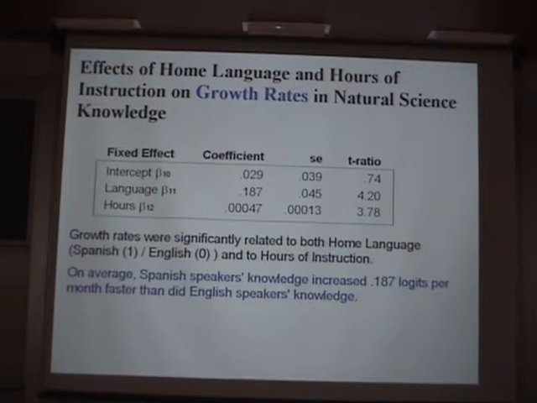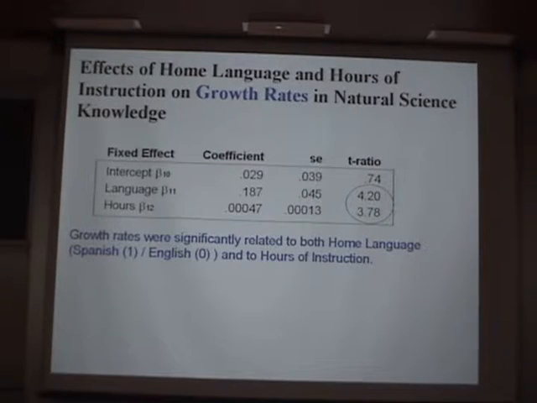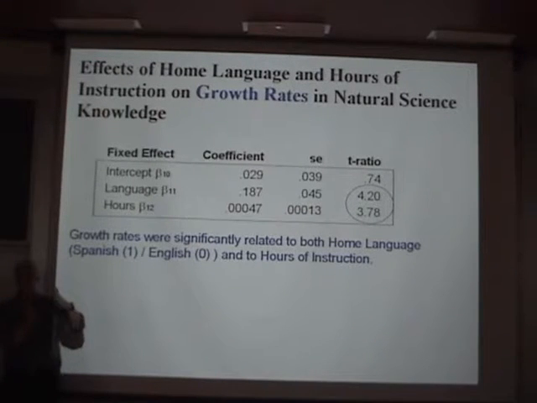So how do we interpret that positive coefficient of 0.187? So if they were Spanish speakers, then they were a little faster in catching up. That's right. So the Spanish-speaking kids started out lower, a little bit lower. They weren't significantly lower than the English-speaking kids. They started out lower, but they're growing at a much faster rate, a significantly faster rate than the English-speaking kids.